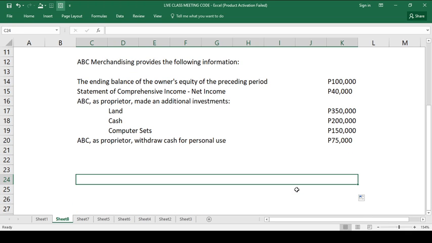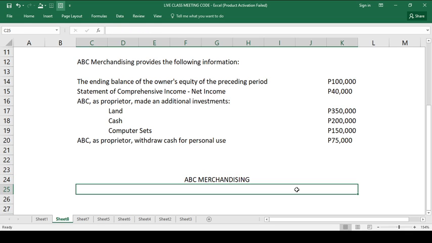Because ABC Merchandising is the name of the company, the heading will begin with the name of the company, ABC Merchandising. The next line would be the name of the statement, which is the statement of changes in equity, or statement of changes in owner's equity.